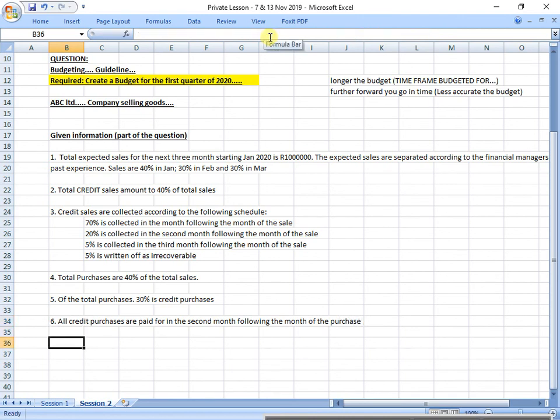Okay, and then we can put a few other things here. Salaries and wages for staff amount to 50,000 per month. We can put something else. Depreciation is 10% per annum, straight line method.